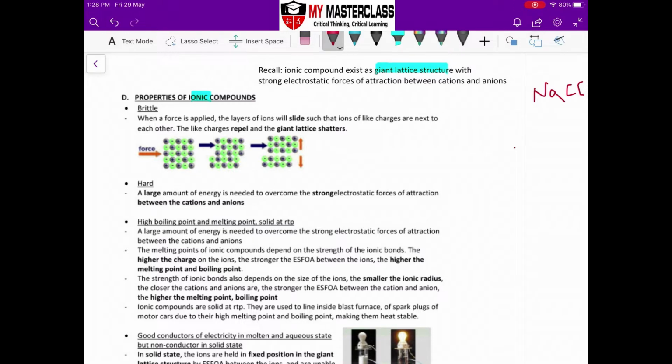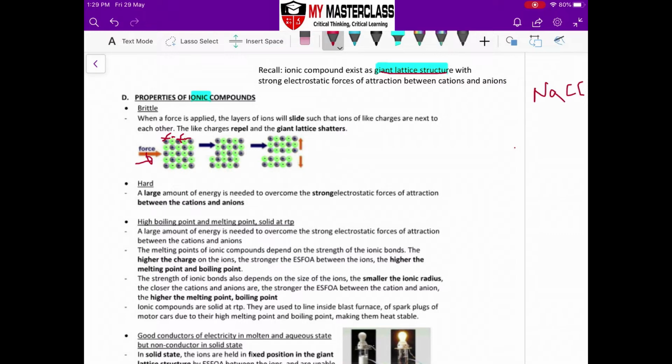They form a structure called a giant lattice structure, which looks something like this. We have a sodium ion attracted to the chloride ion, attracted to the sodium ion, attracted to the chloride ion, and this attraction keeps repeating in a three-dimensional structure.